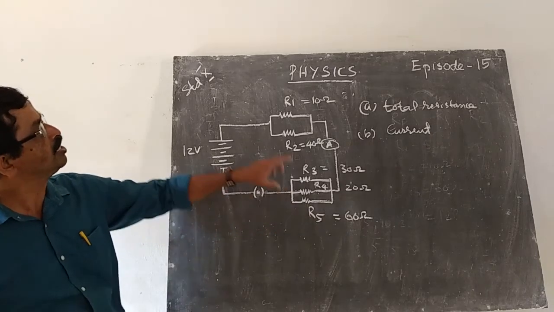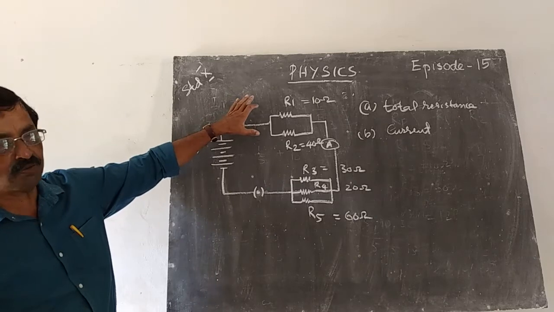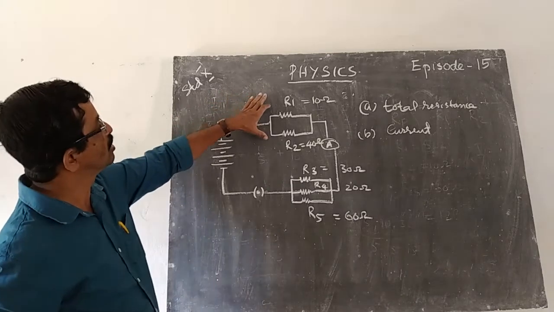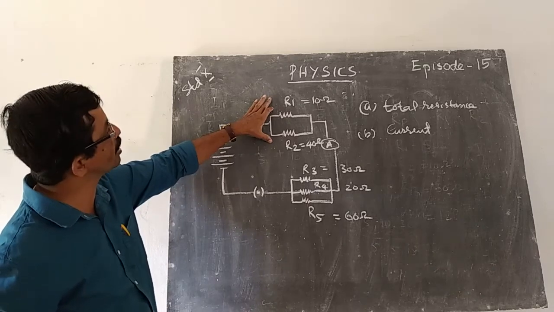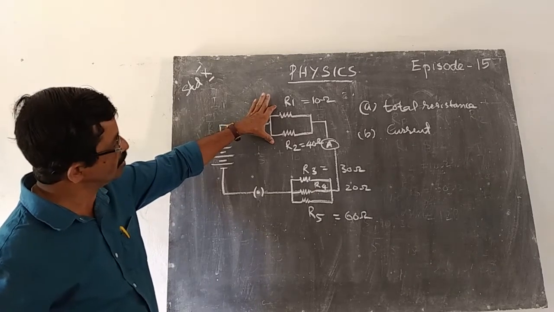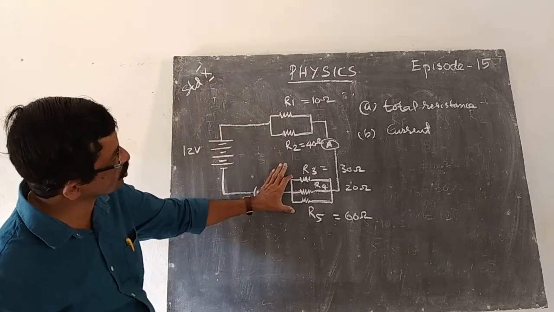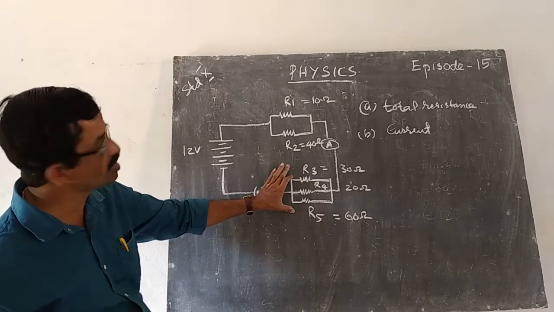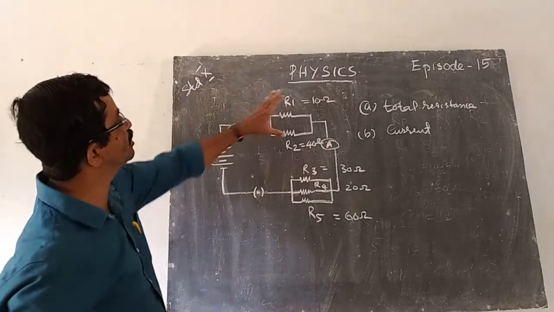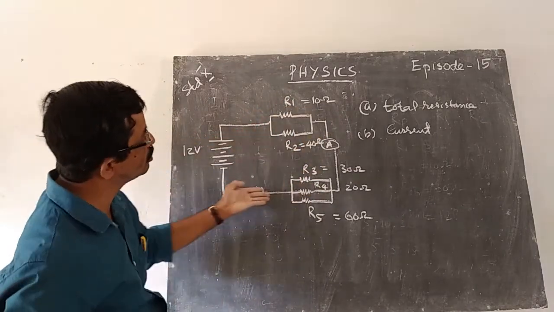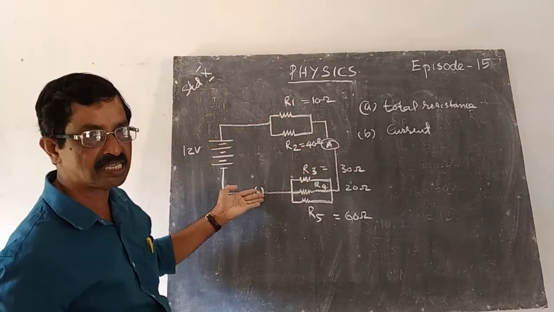Now, to find total resistance, first of all we can find the effective resistance of these two, which are in parallel, then the effective or total resistance of these three. Then you observe that these two combinations are connected in series.